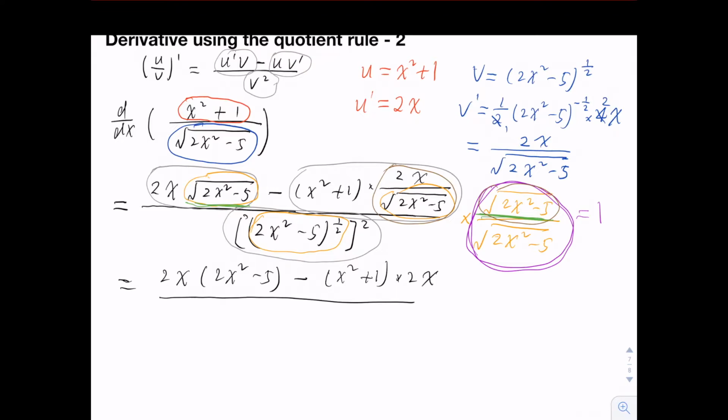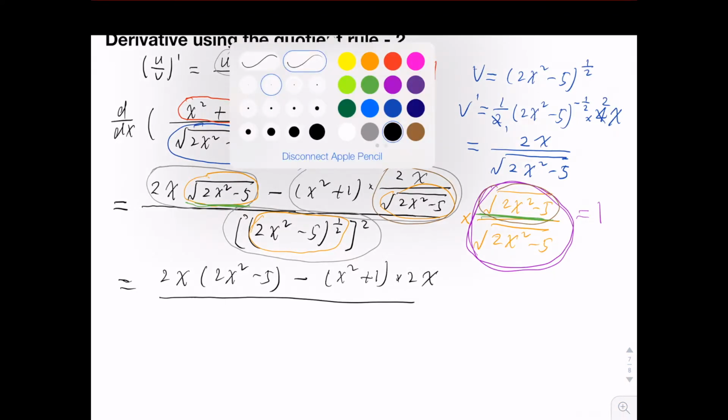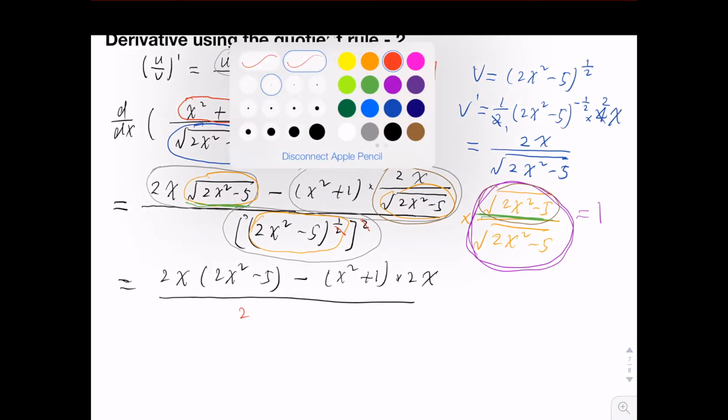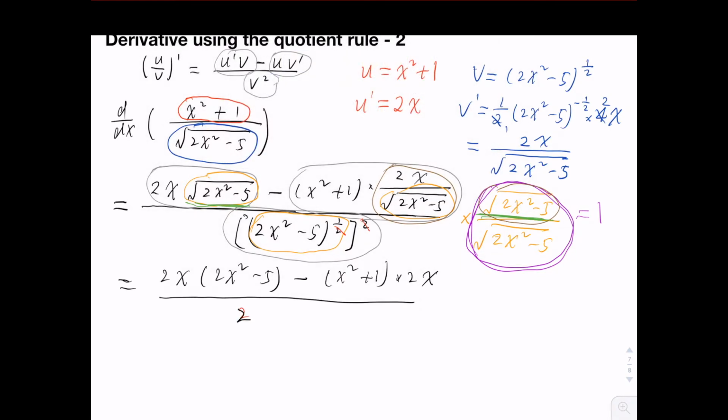Nice. And the denominator, again, last one here. Don't forget to first cancel the half and the 2, which gives me just 2x squared minus 5. And don't forget you also multiply that on the bottom to keep balance, so we make equivalent fractions.